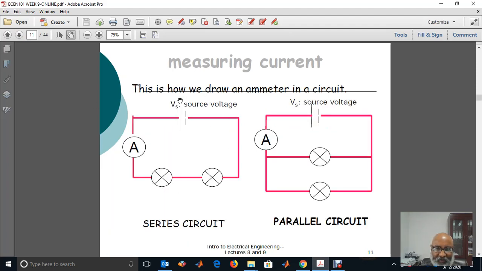In this circuit, this A represents the ammeter, which measures the current passing through this circuit. And this is a parallel circuit, and this ammeter will measure the total current which is going through the 2 branches.